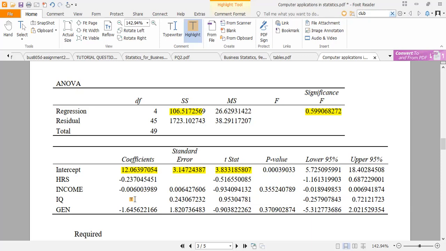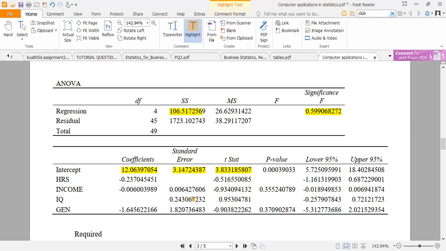Then again, we can compute the beta for IQ. Remember, I said that beta by the formula is standard error times T. So the beta coefficient for IQ here will be the standard error times the T. When we multiply the standard error by the T, we multiply 0.2431, I'm rounding it, by 0.9530.